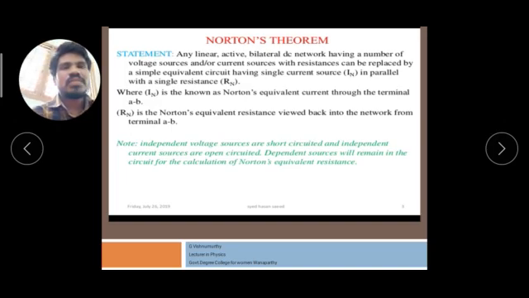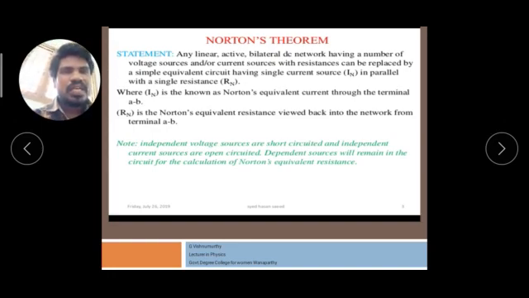So this is the statement of Norton's theorem, where IN is known as Norton's equivalent current through the terminal AB, and RN is the Norton's equivalent resistance looking back into the network from terminal AB.